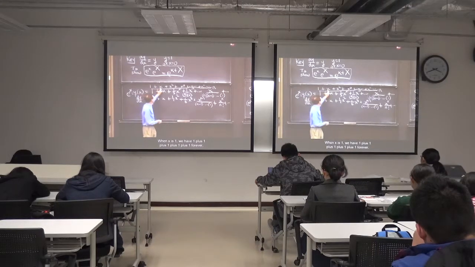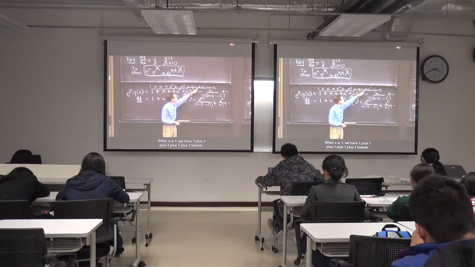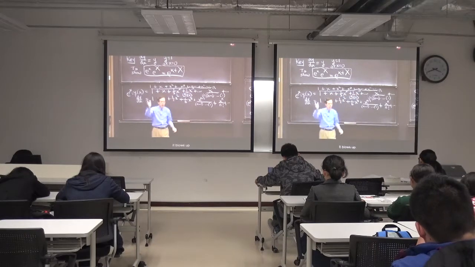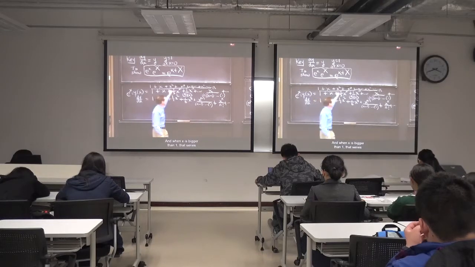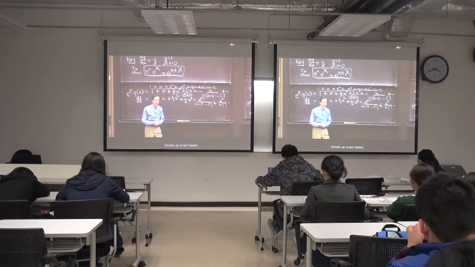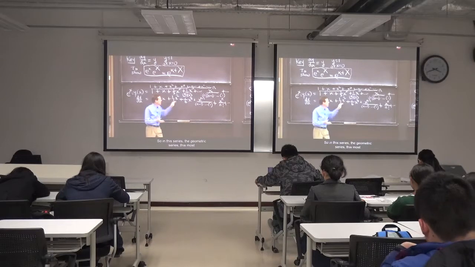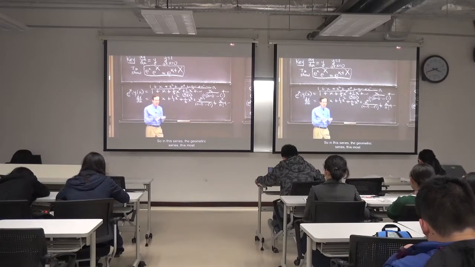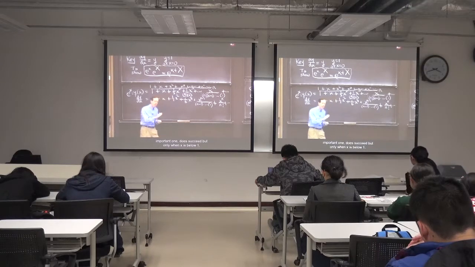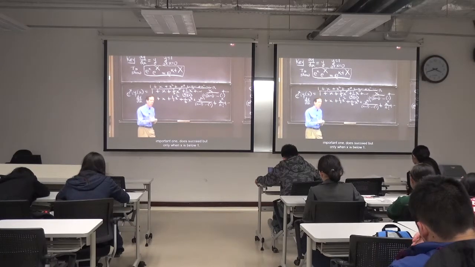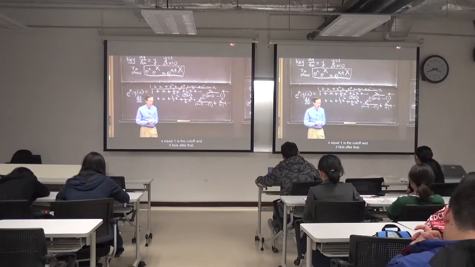We have 1 plus 1 plus 1 plus 1 plus 1, forever all ones, it blows up. And when x is bigger than 1, that series blows up even faster. So this series, the geometric series, this most important one, does succeed, but only when x is below 1. x equal 1 is the cutoff, and it fails after that.